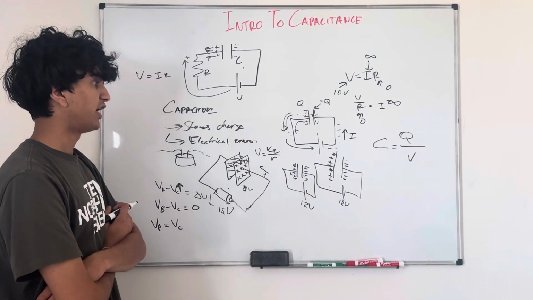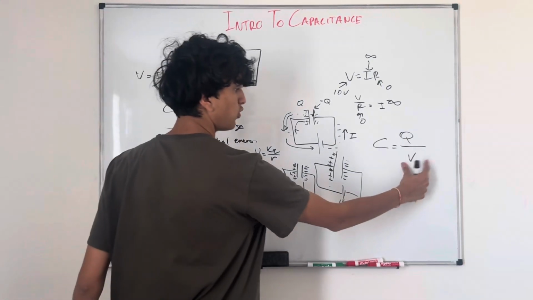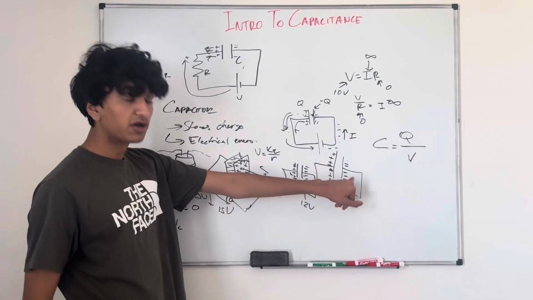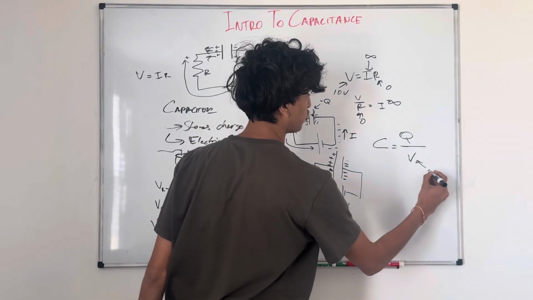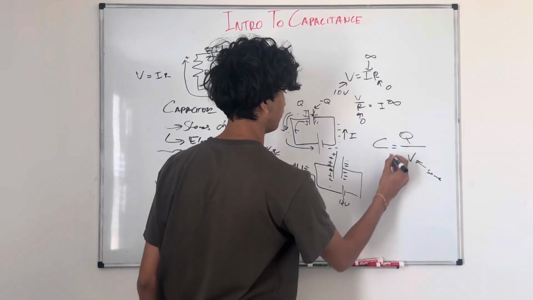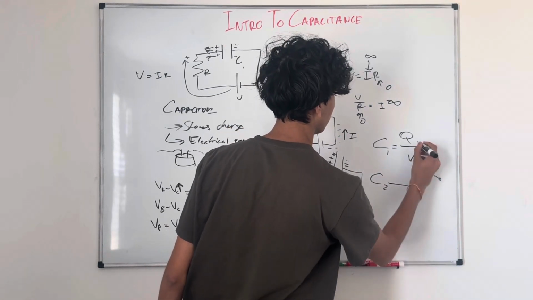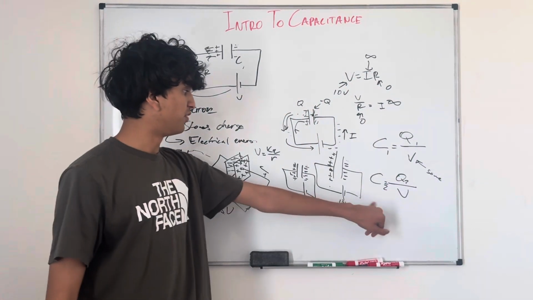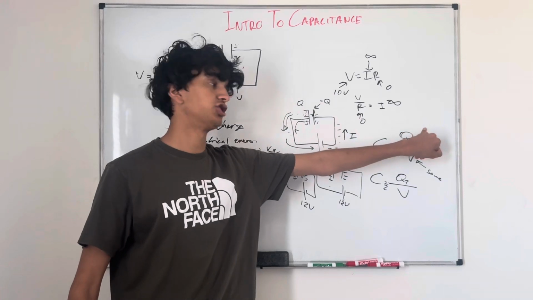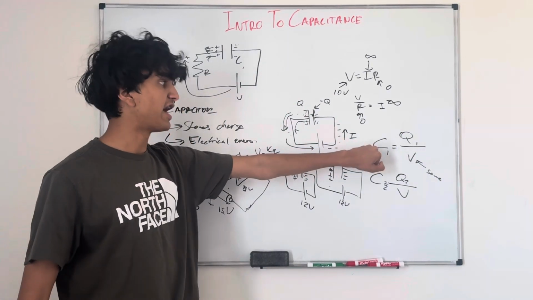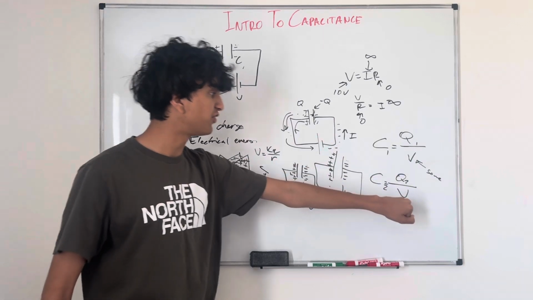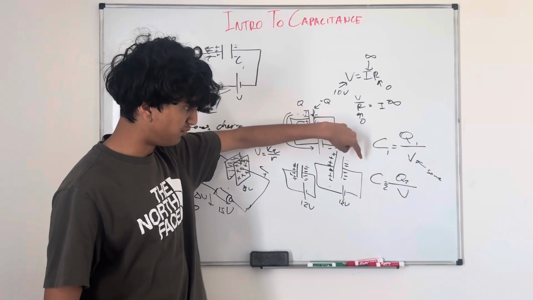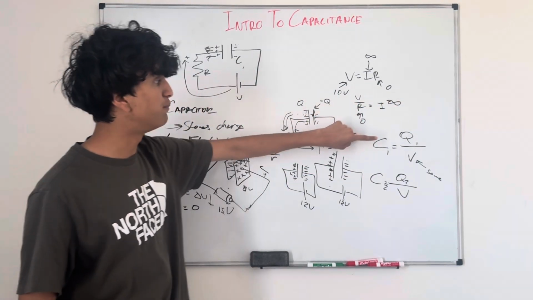So if I set them both to 12 volts, the same 12 volts for both of them, so C1, C2, Q1, Q2 over V. The V is the same, but this one gets a bigger charge. It has a bigger capacitance, right? If they're at the same voltage, this one holds more charge, so it has a bigger capacitance.